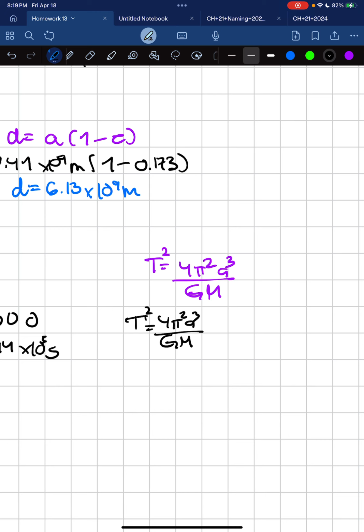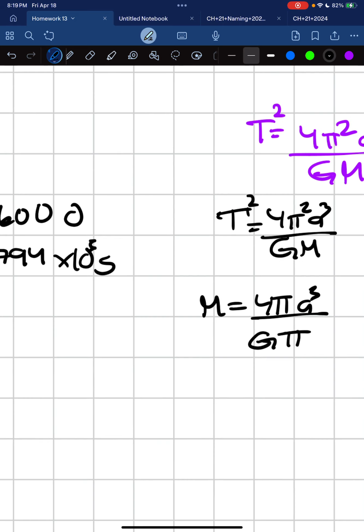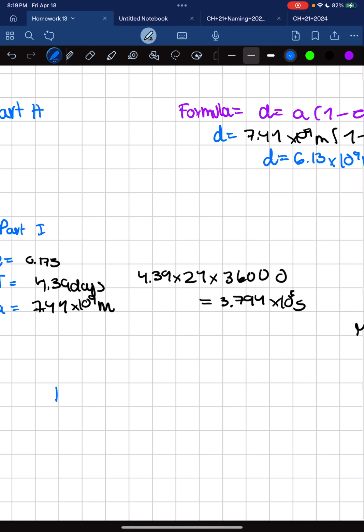So let me go ahead and do that. We're going to solve for the mass, and this all stays the same except for the bottom. It's going to be times the period squared. So now we just put in our numbers into the formula.